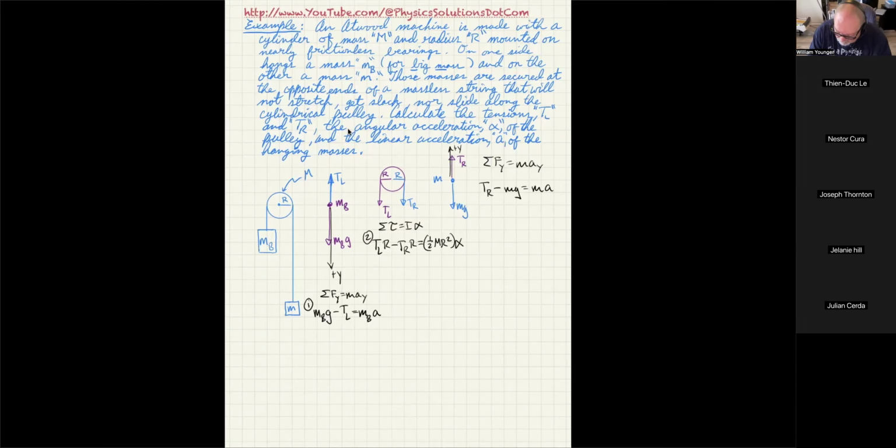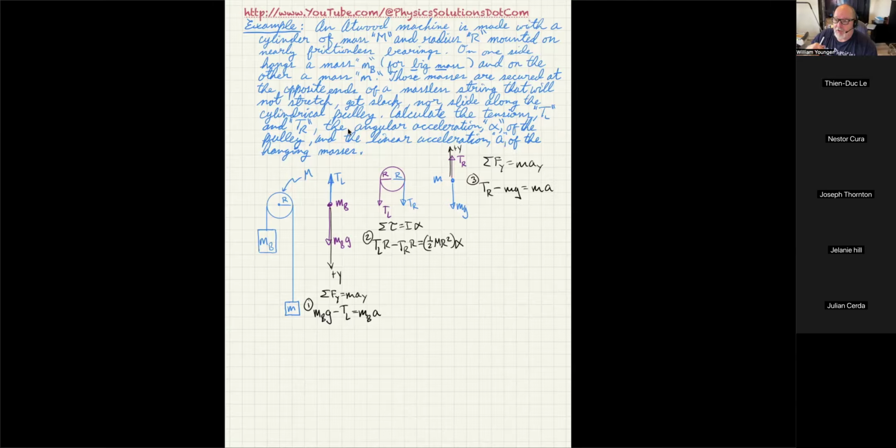And I don't need to subscript the a's at all, because if I pull the M_B on the left down 1 inch, then, since the rope doesn't stretch nor get slack, the circumference of the pulley is going to turn such that its circumference moves 1 inch, and the rope on the other side is going to lift 1 inch, which means the mass m is going to lift 1 inch.